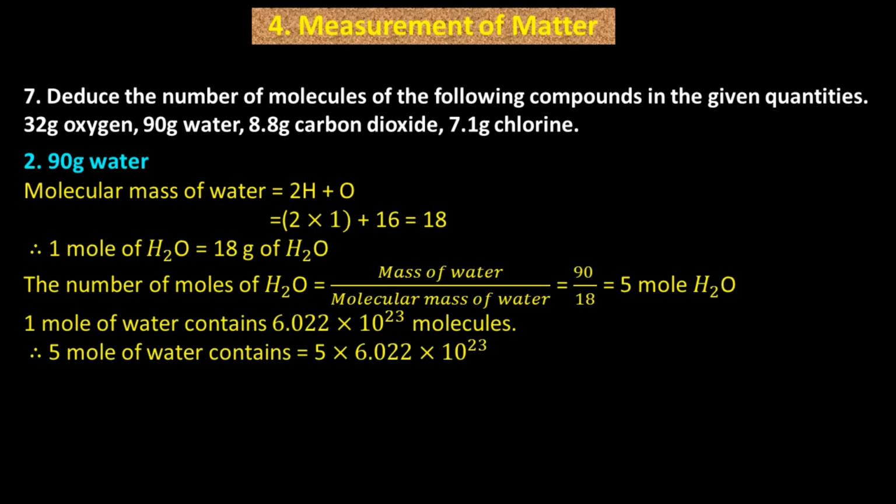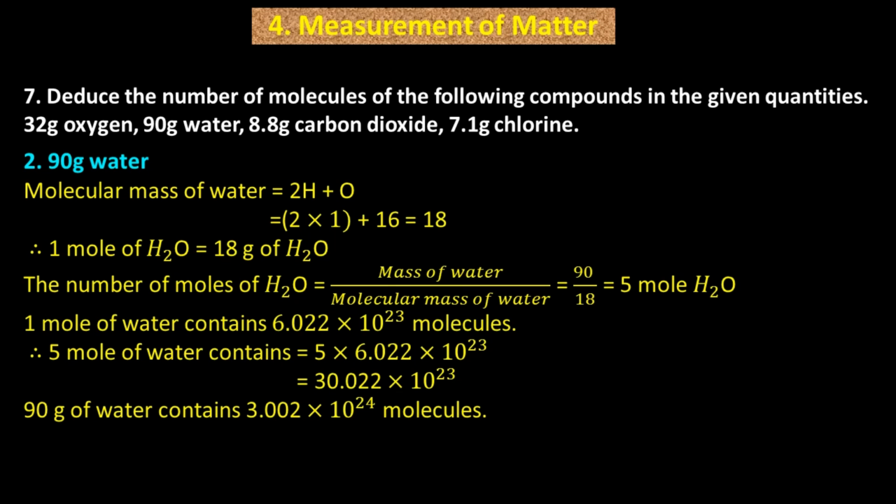Therefore, 5 mole of water contains 5 multiplied by 6.022 multiplied by 10 raised to 23, is equal to 30.11 multiplied by 10 raised to 23. Therefore, 90 gram of water contains 3.011 multiplied by 10 raised to 24 molecules.